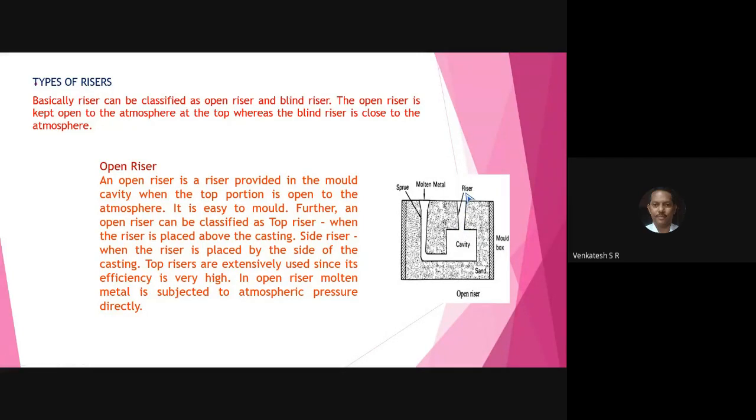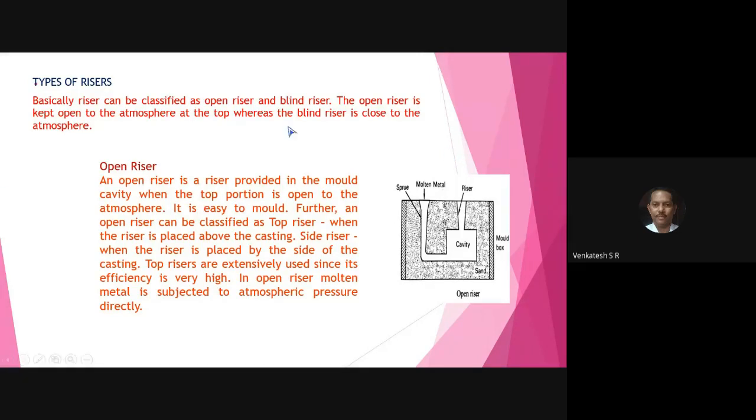One thing, all of you remember, this is very, very important. The volume of the metal, whether it is non-ferrous or ferrous, is more in liquid condition. As soon as the phase changes from liquid phase to solid phase, there will be a volume contraction.